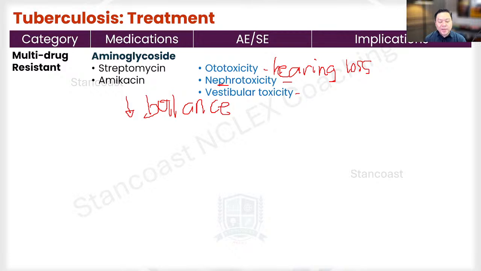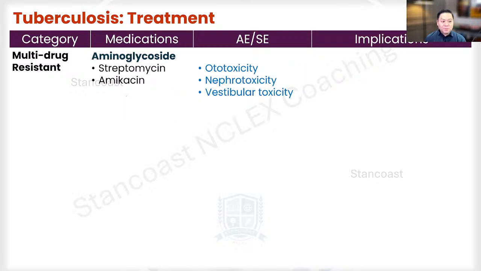However, if the medication administration was not monitored, then the impairment can become permanent. Okay? So please take note of the three major side effects of streptomycin and amikacin: ototoxicity, which is the hearing loss, the nephrotoxicity, and the vestibular toxicity affecting the patient's gait.